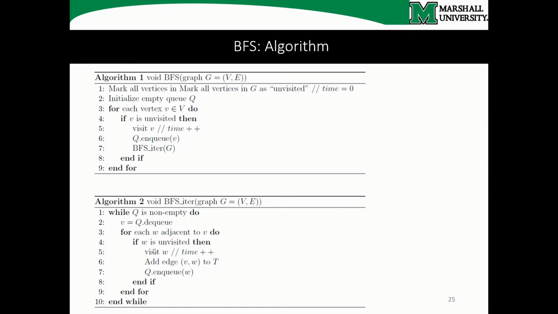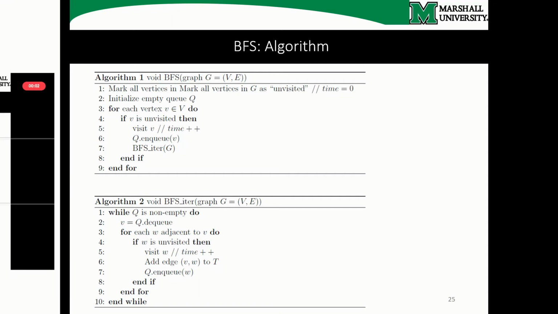If it is unvisited, we will visit that, or we can keep track of time when we visit that node and add that edge into a tree called T. Finally, we will add that vertex into the queue, and so on and on.